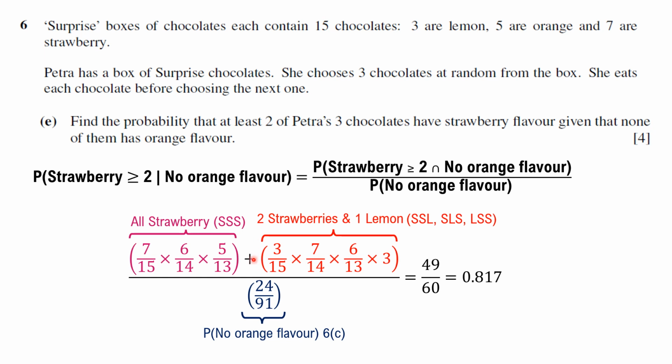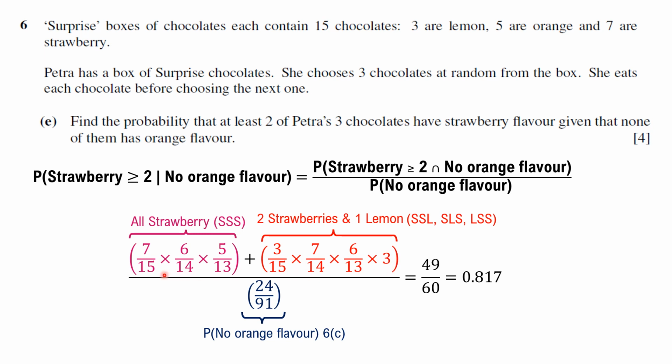And we're going to add that with the probability of having 2 strawberries and the other flavor, which is lemon flavor. So it's going to be 3 over 15, which is the lemon flavor, multiplied by 7 over 14, which is the probability of having the strawberry flavor, multiplied by the probability of having the strawberry flavor again, which is 6 divided by 13, multiplied by the number of different arrangements which we can get from 2 strawberries and 1 lemon, which is 3.